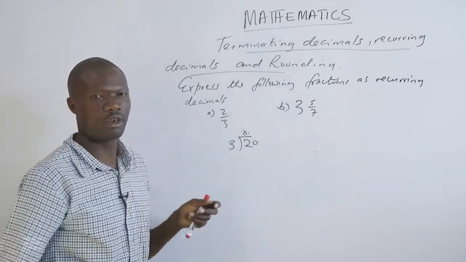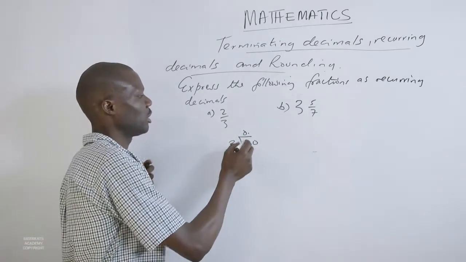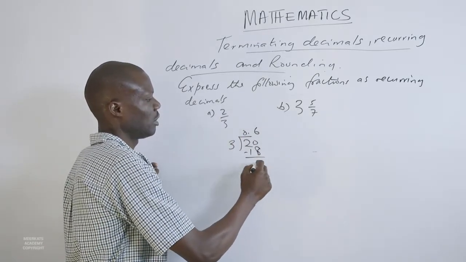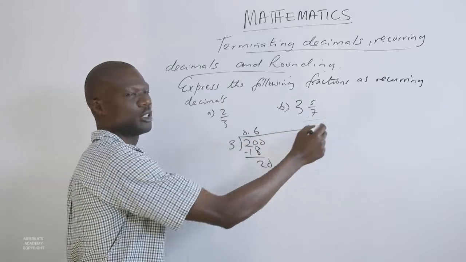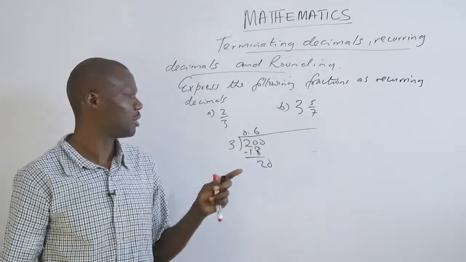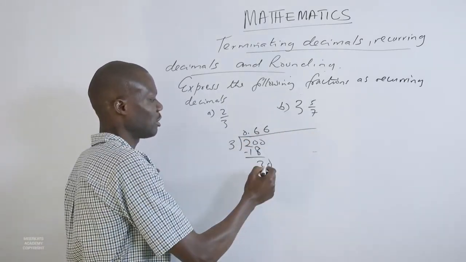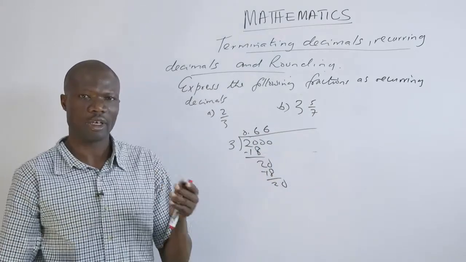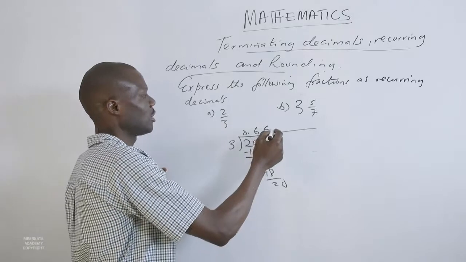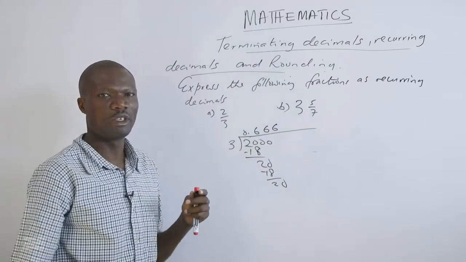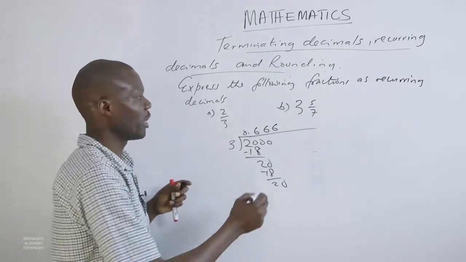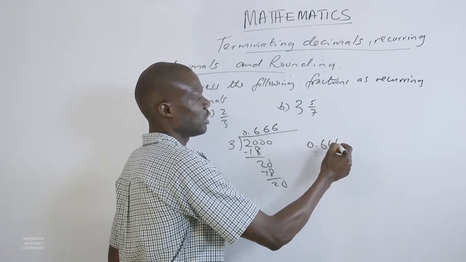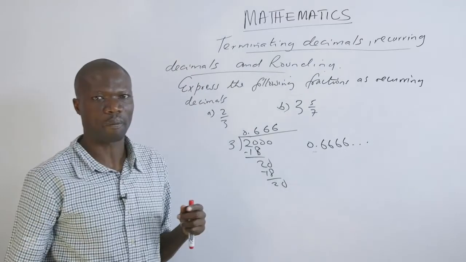So this one will give us 20 divided by 3 is 6 because of 18. Again, 20 divided by 3 gives us 6 because of 18. Again, 20 divided by 3 gives us 6. So you notice that we are having a 0.6 recurring.